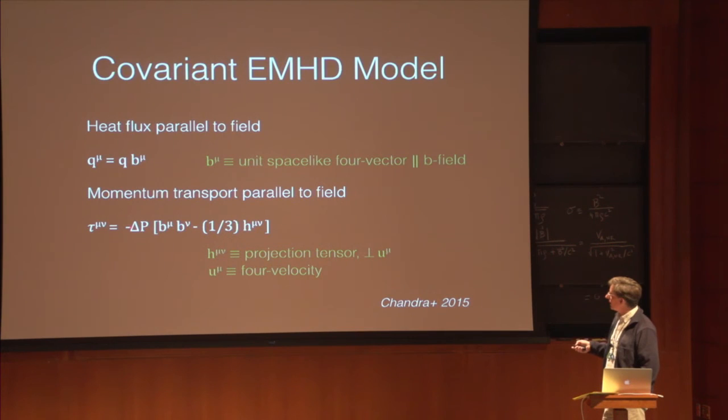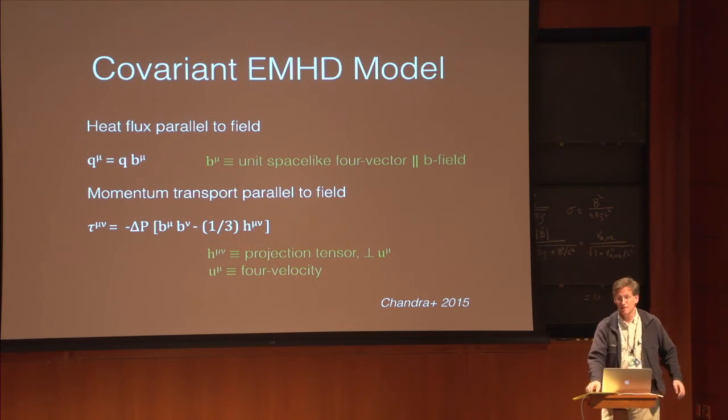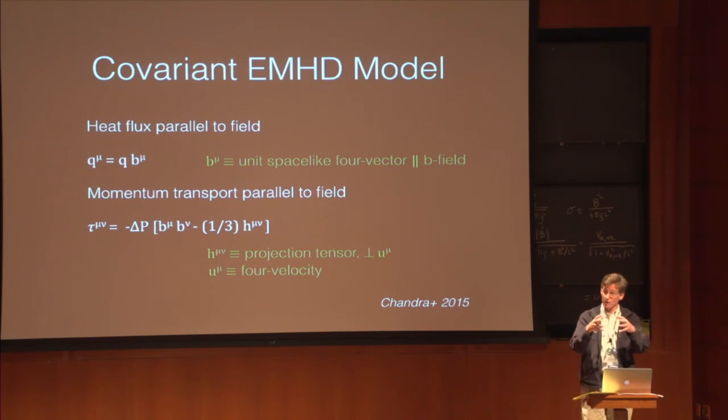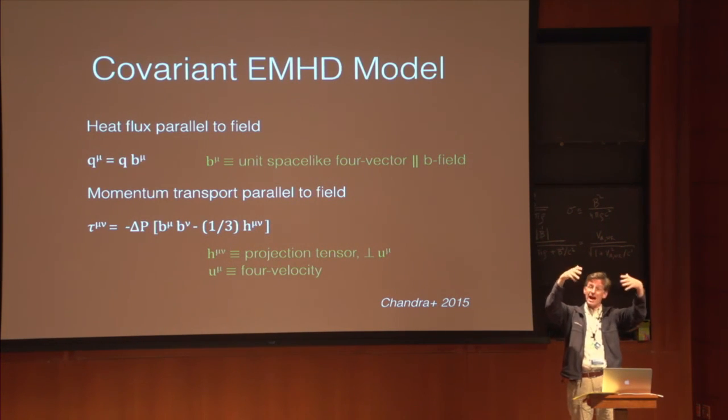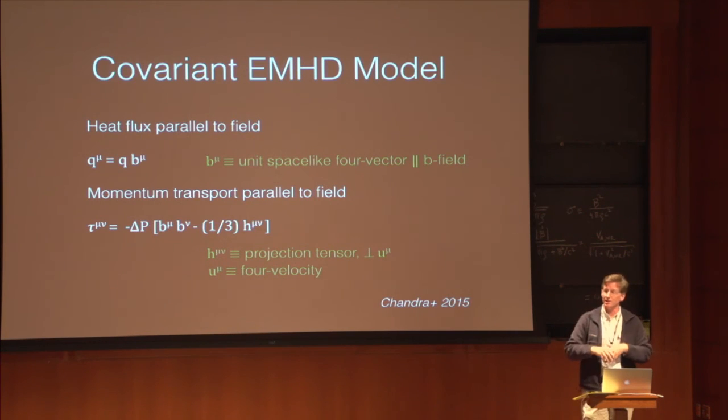So viscosity produces a deformation of the distribution function in momentum space. And if there's no magnetic field present, that deformation can change the distribution from being spherical in momentum space to being triaxial. Okay? And there's a relativistic theory that describes that called Israel-Stewart theory.